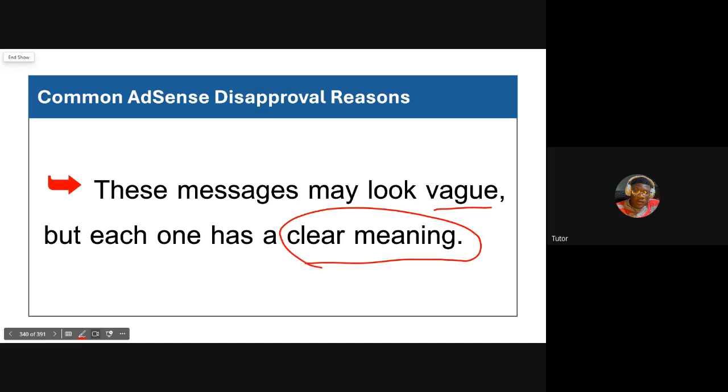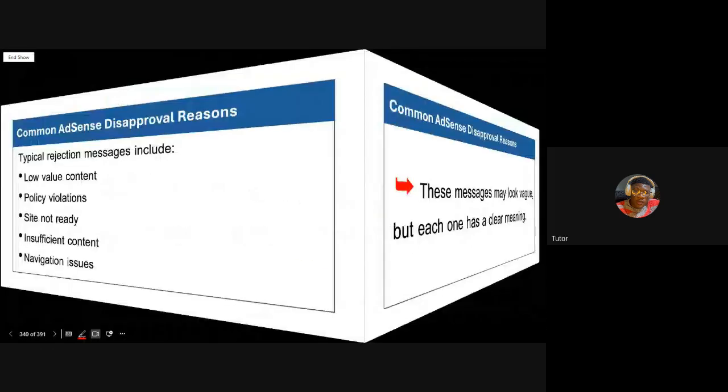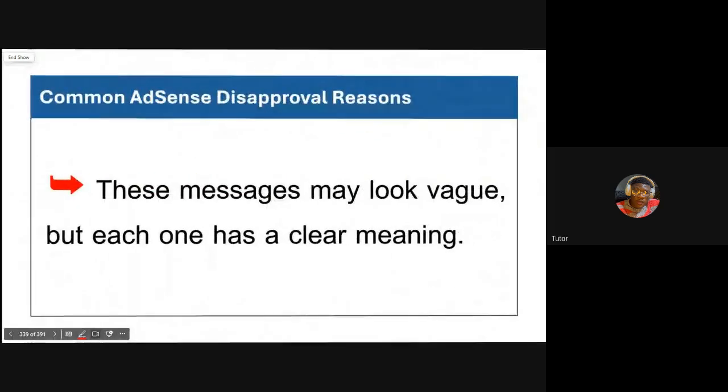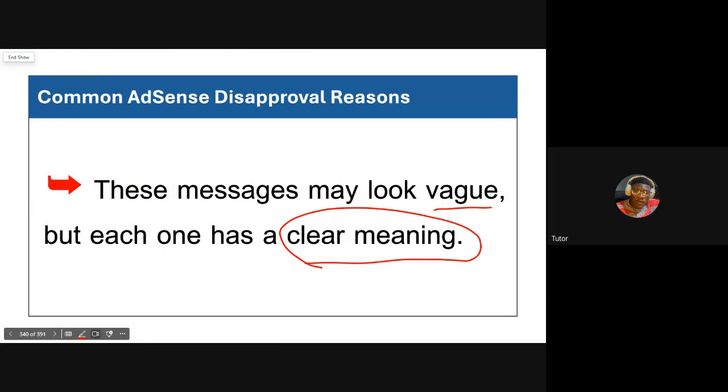If AdSense disapproves your website and sends you feedback, all these things are things I've already taught you what they are and how to get them right. There's nothing vague behind them. All of them are very clear. And when you understand the feedback, you can possibly reapply and get approval.